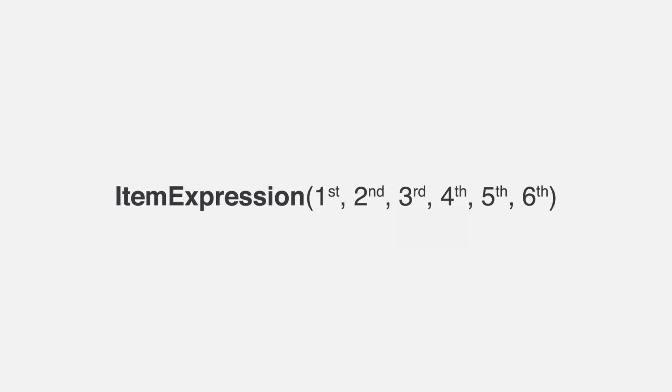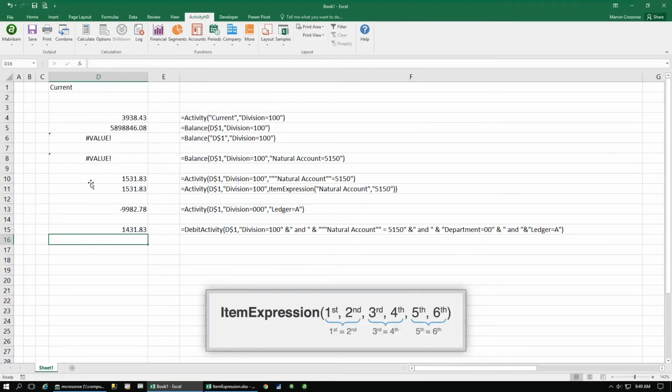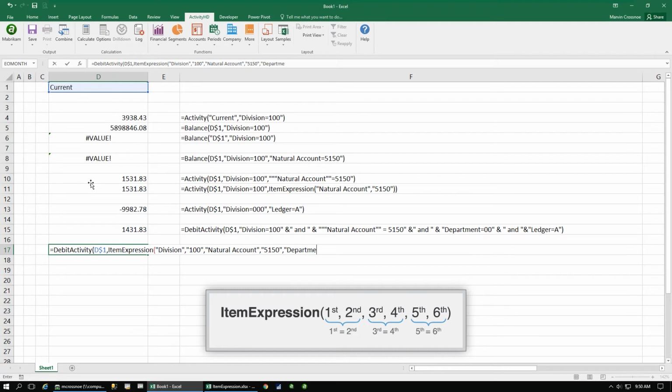Arguments are grouped in pairs and set equal, i.e., the first argument is set equal to the second, third to the fourth, fifth to the sixth, etc. The result of the above is division equal 100, natural account equal 5150, department equal 00, and ledger equal A.